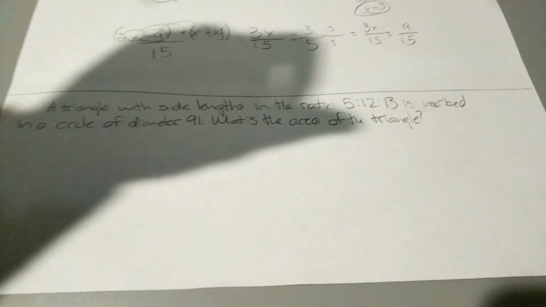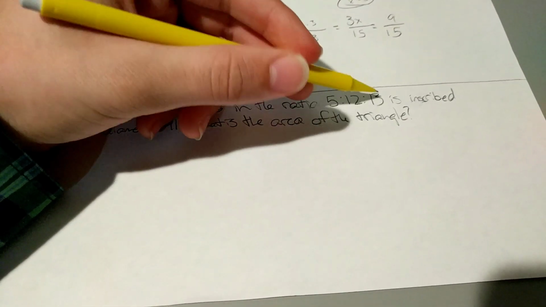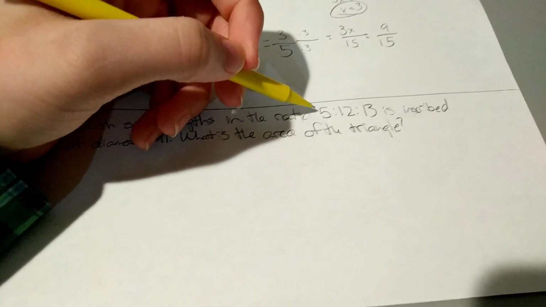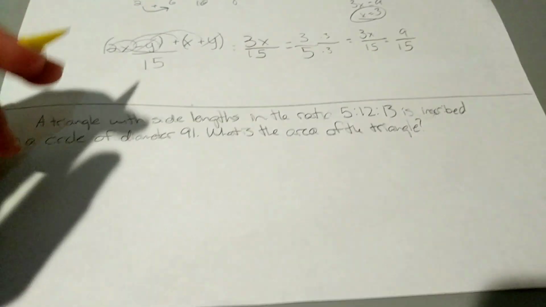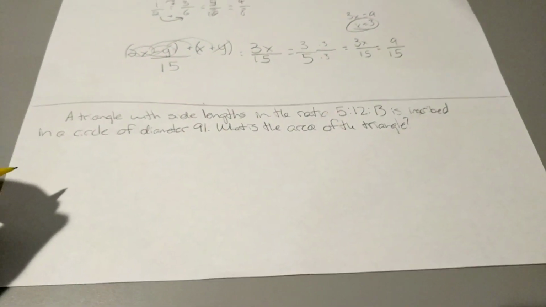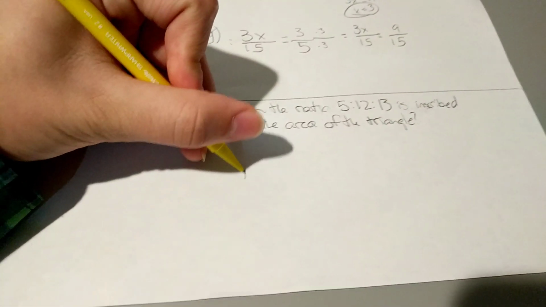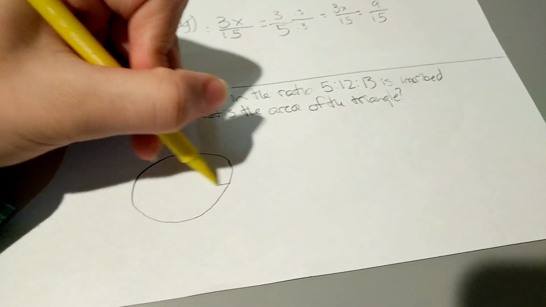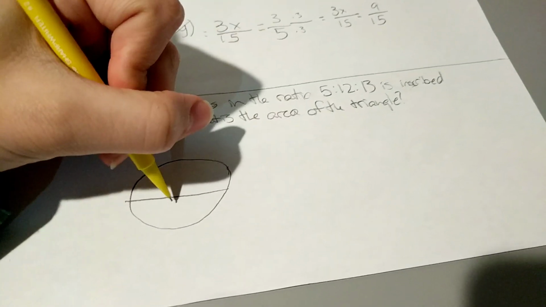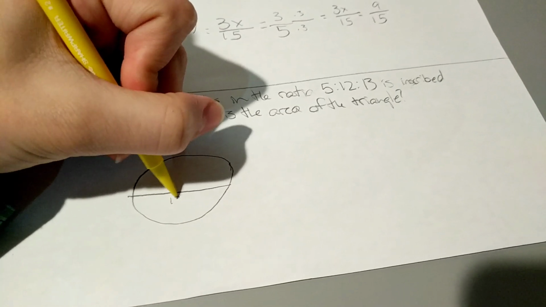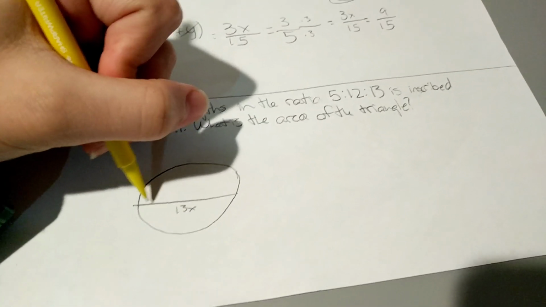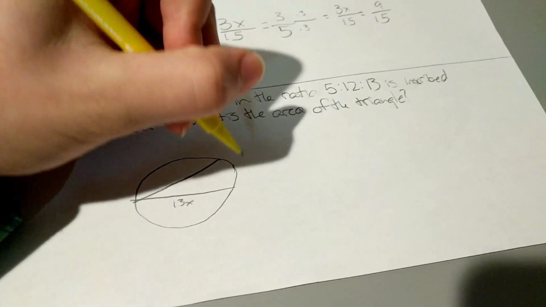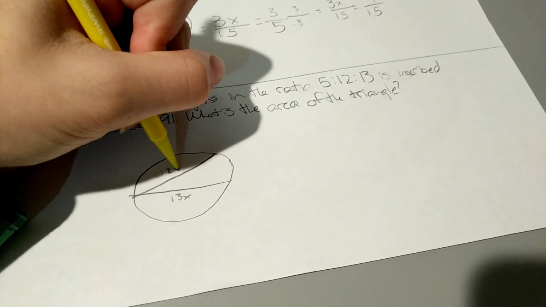Another thing to notice is that this is a right triangle, 5, 12, and 13. It's one of the Pythagorean triples. So if you draw the circle, another cool thing to note is that this length will be the 13x. And then this length will be the 12x.